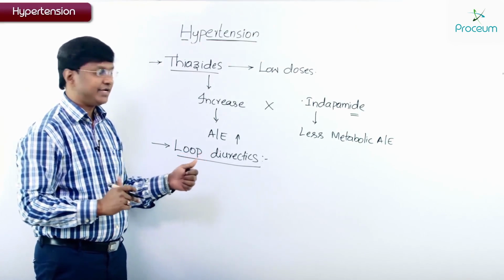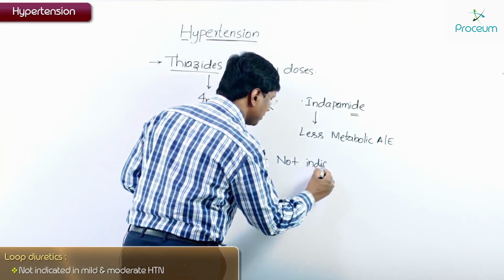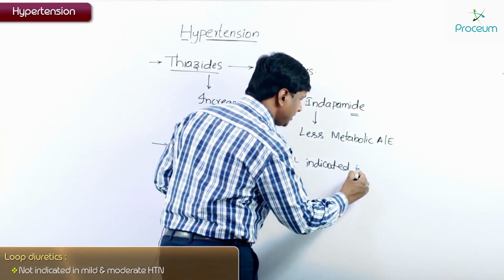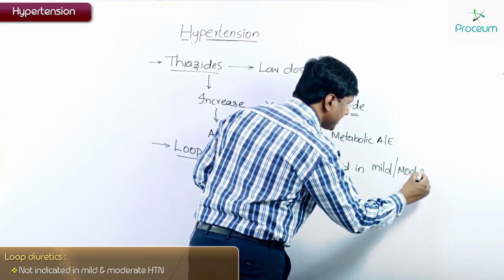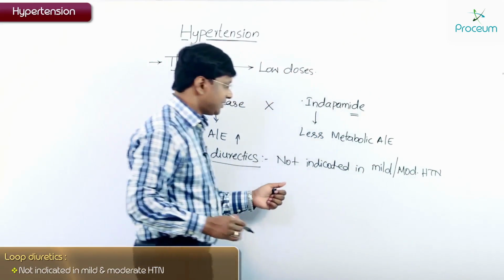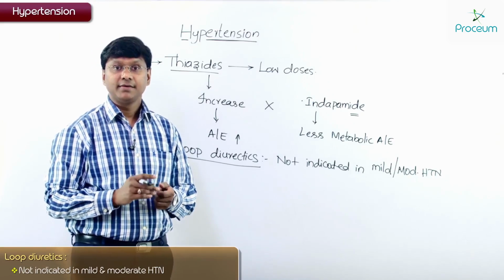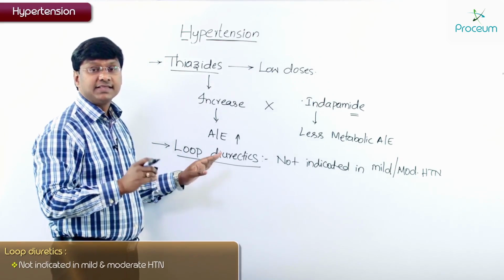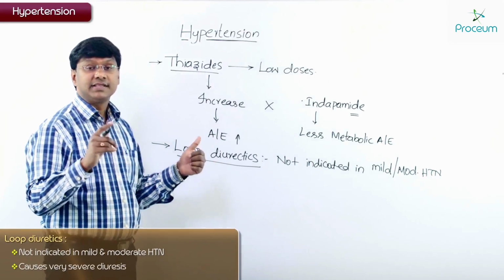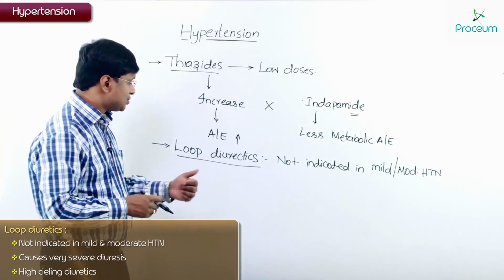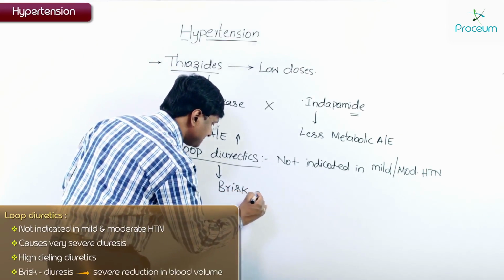These loop diuretics are not indicated in mild or moderate hypertension. Why? Because these loop diuretics are high ceiling diuretics, so they cause a brisk diuresis.